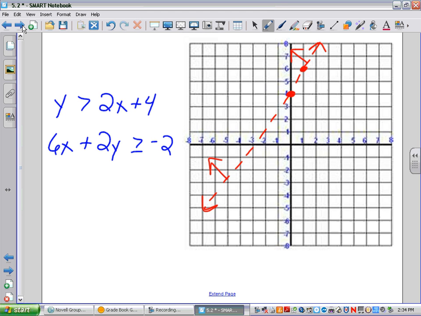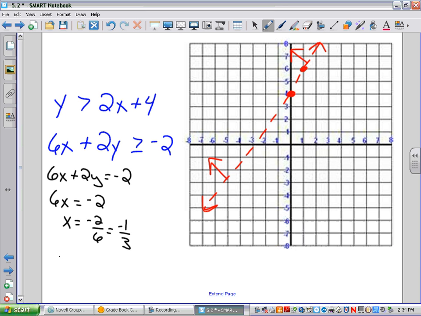The next one, I'm going to do this line, which is in standard form, as 6x plus 2y equals negative 2. So my x-intercept would be 6x equals negative 2, or x is negative 2 over 6, which reduces to negative 1/3.